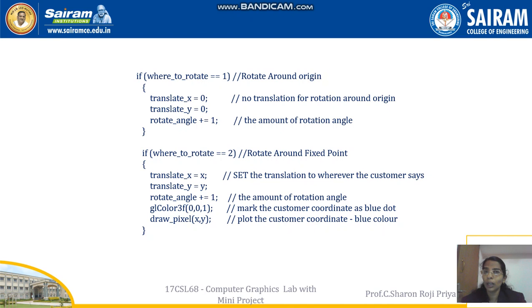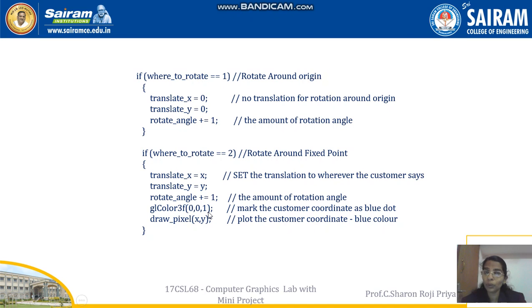Suppose I am specifying the fixed point as 50, 100. From origin make a tx distance of 50 and a ty distance of 100, and then you keep that as the fixed point and rotate around that point. So here I will be using this translation, and then perform rotation.